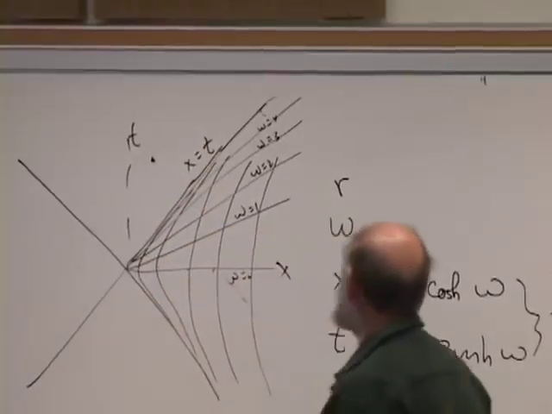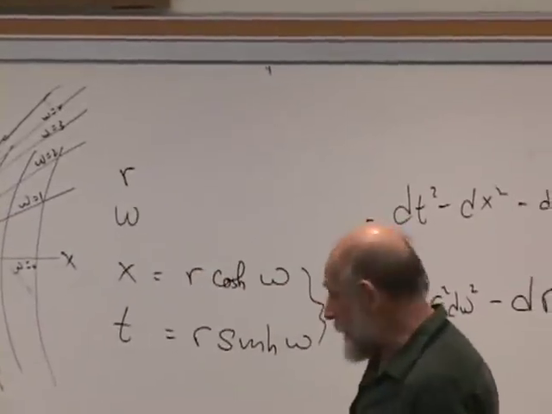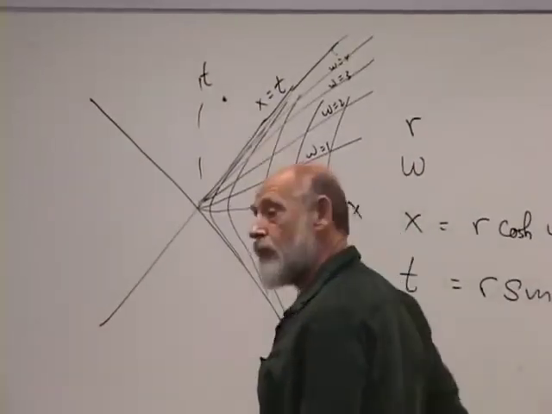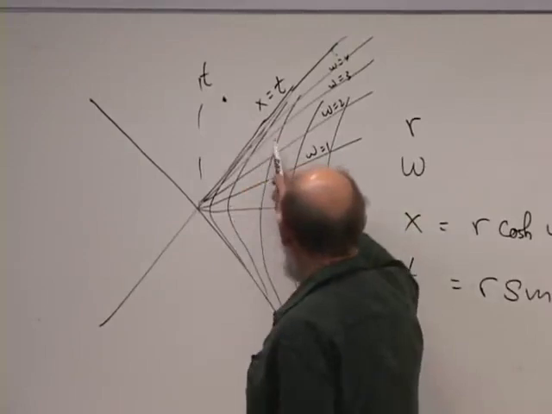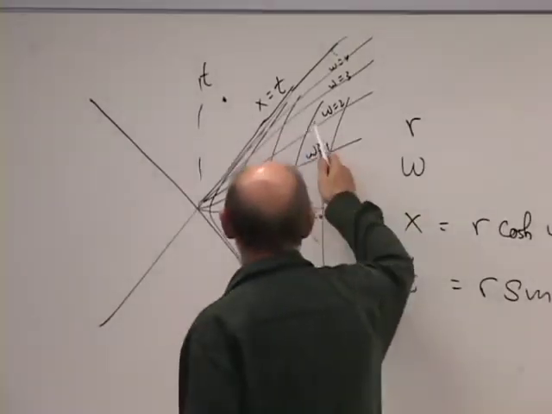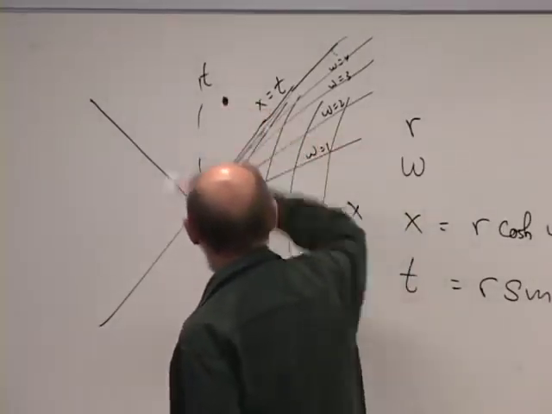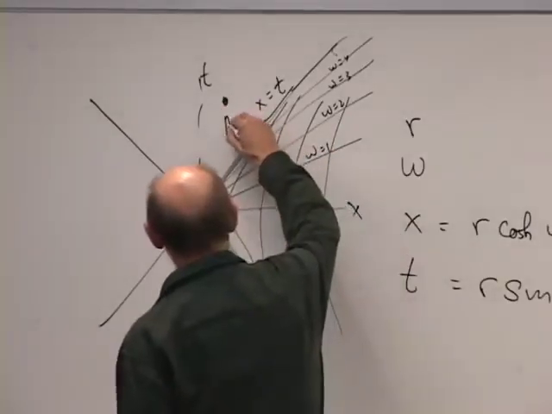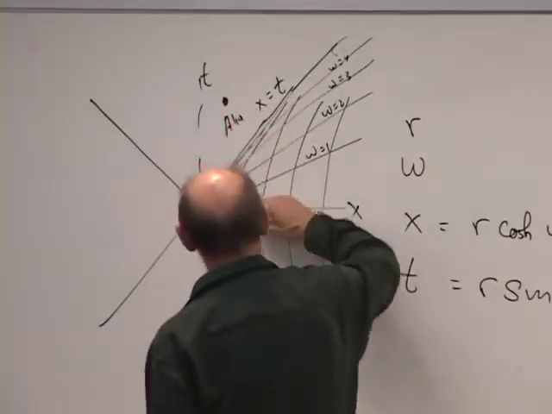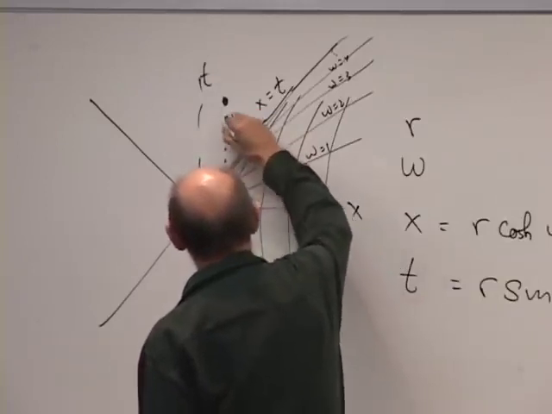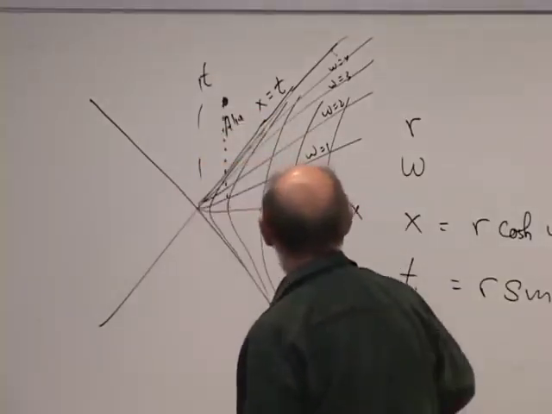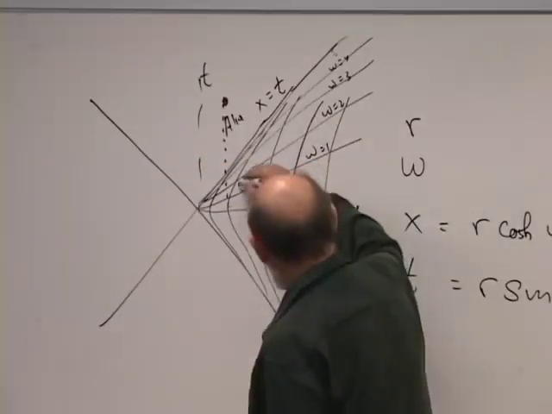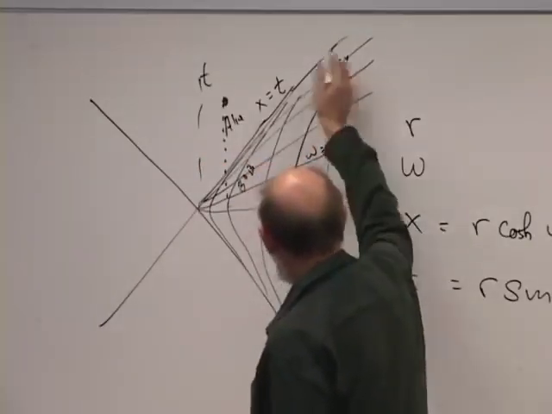But if he stays on these hyperbolic trajectories, and in particular does not cross this line, then, let's give them names. This is Alice over here, who falls through the horizon, and Bob over here, who continues to accelerate.